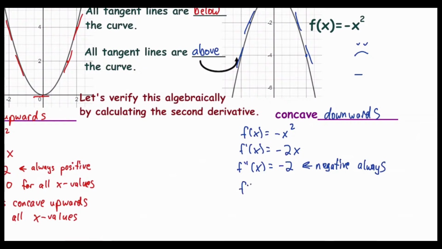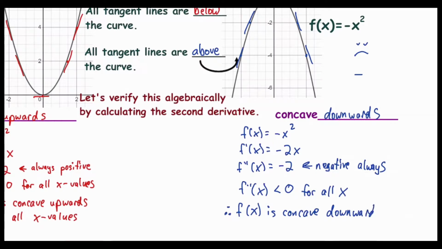So f double prime of x is less than 0, or negative, for all x. Therefore, we can say that f of x is concave downwards for all x values, or throughout its domain.